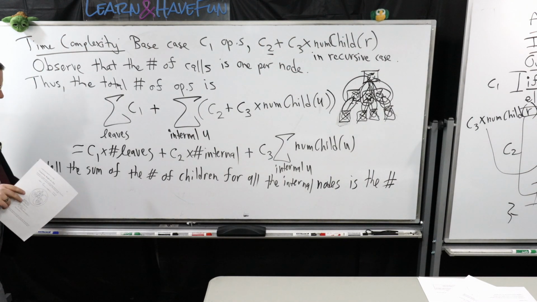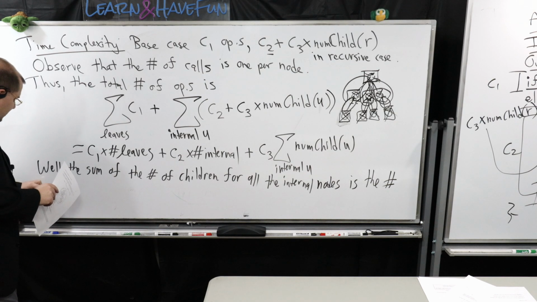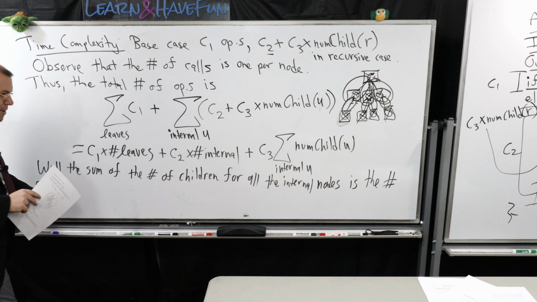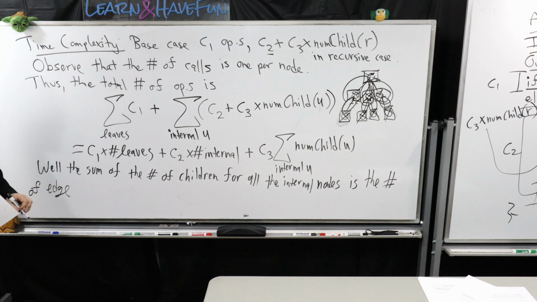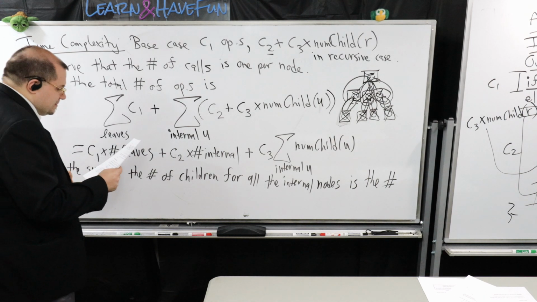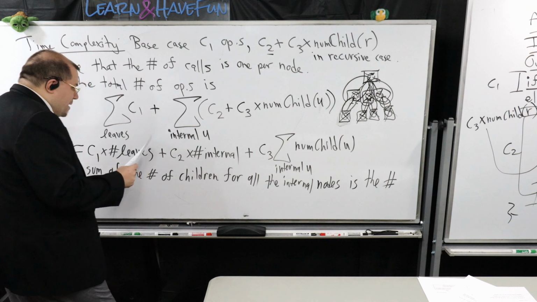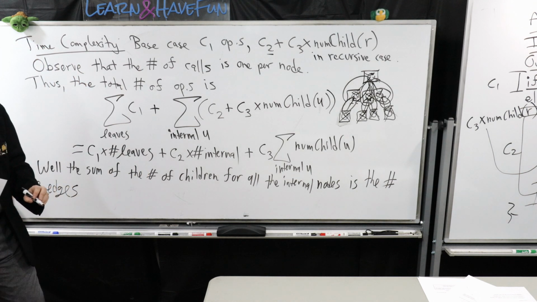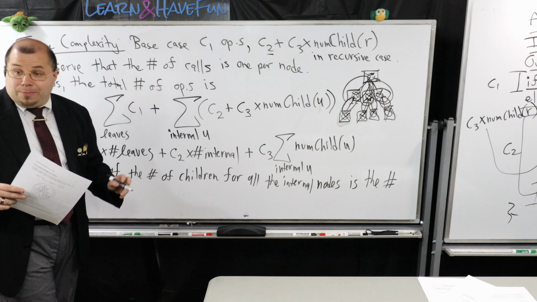Does everybody see that? If you don't see it, let me know. I will go through it one more time. It is the number of edges. So just think back to our suckers. Each one of those recursive calls, it's like I'm generating a sucker.